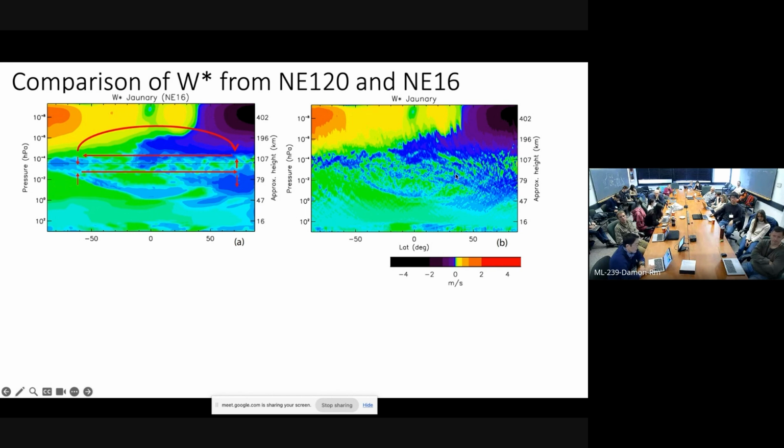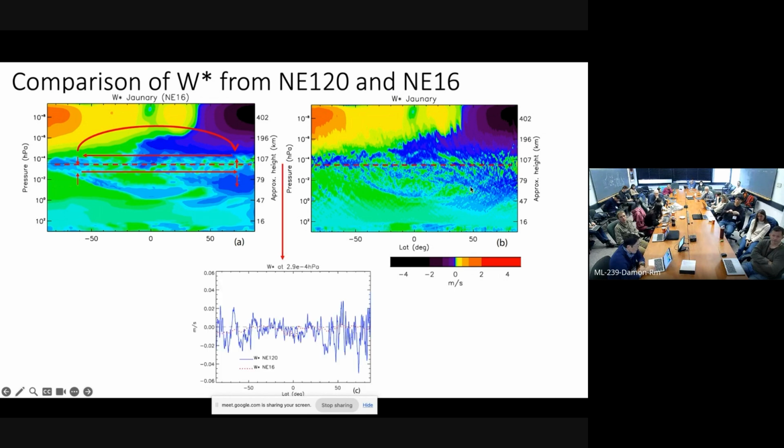If you do a mental average of the high resolution, you more or less get a similar pattern, with upward flow at places and downward flow at other places. But one key difference is that the spatial structure and variability is much larger in this case than in the coarse resolution simulation with parameterized gravity waves.